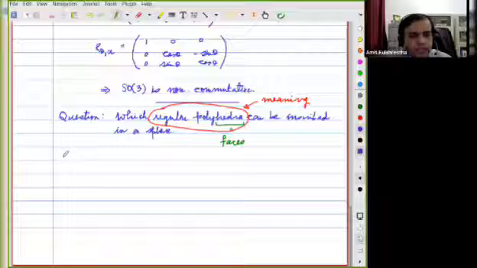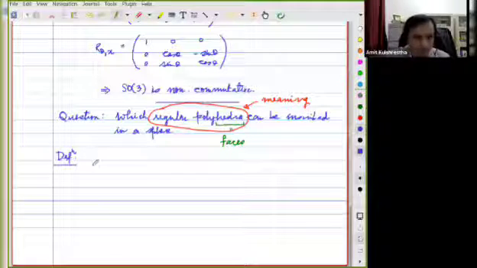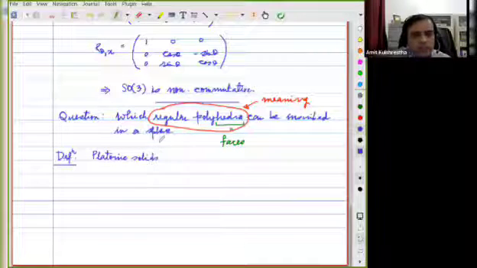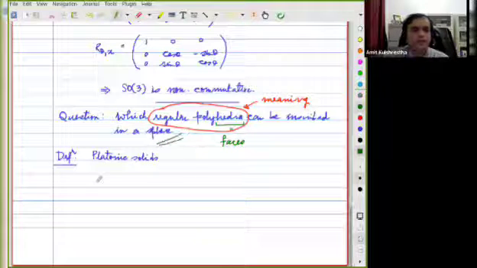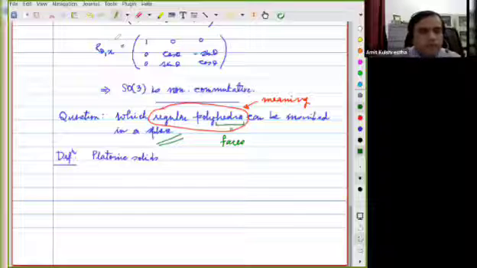Another name for regular polyhedra is Platonic solids. This is what I mean by regular polyhedra. So what are Platonic solids?